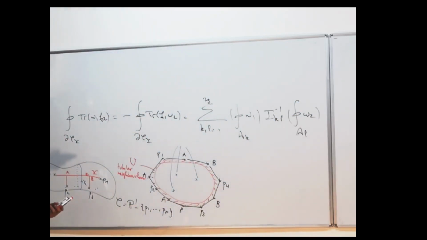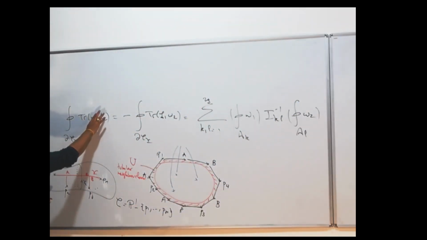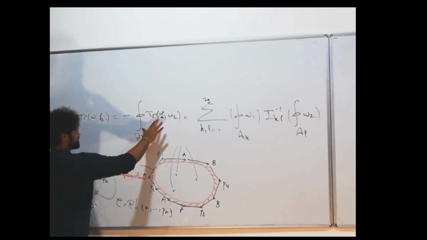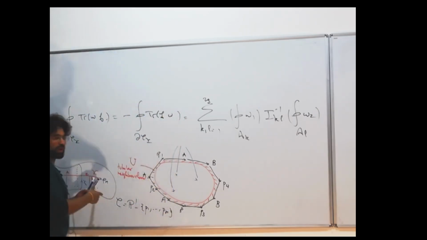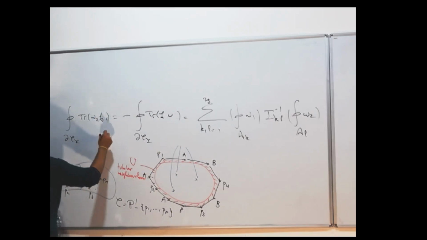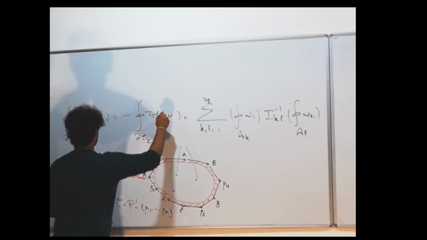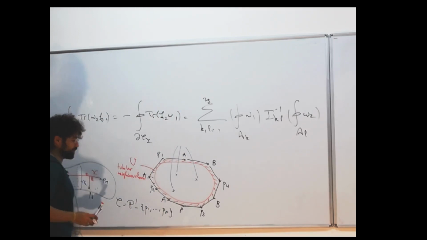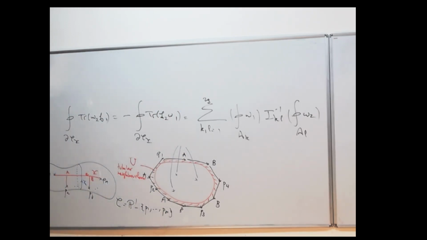Okay, so what we proved is just this 2 1. So somehow I believe there was no sign error in the proof. I'm just changing the statement.